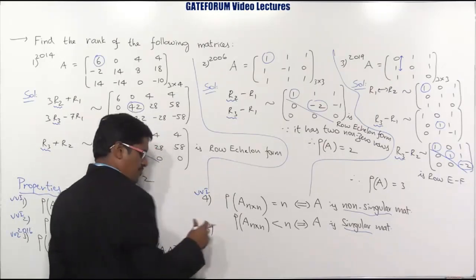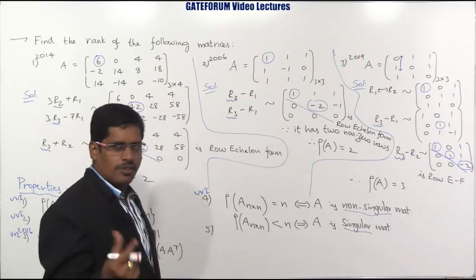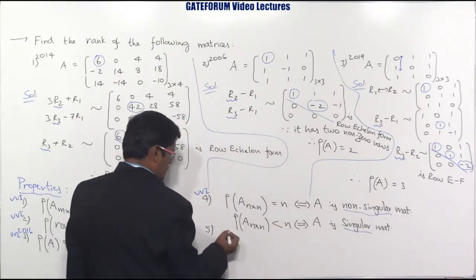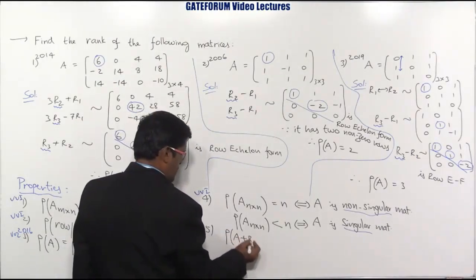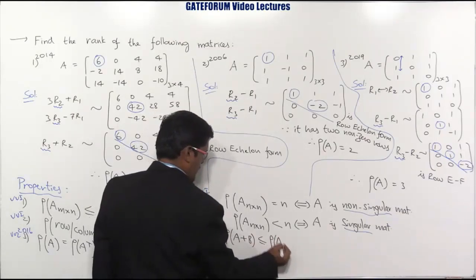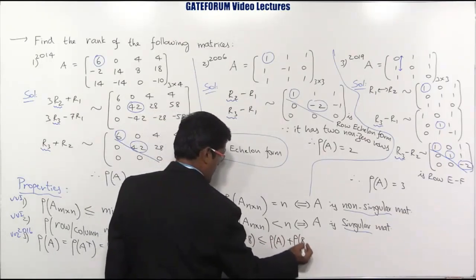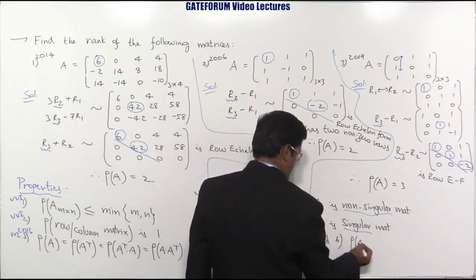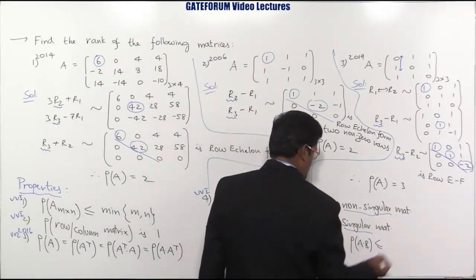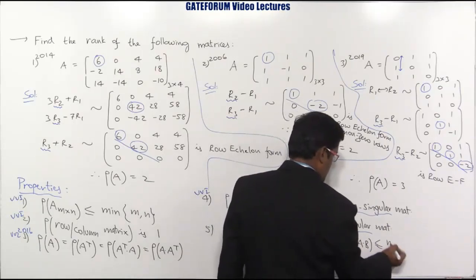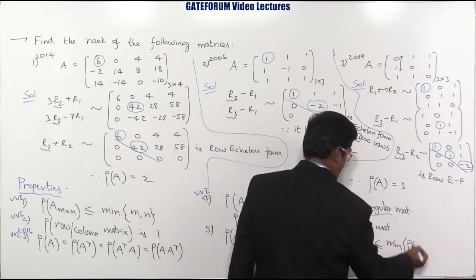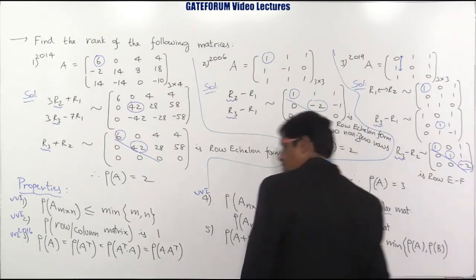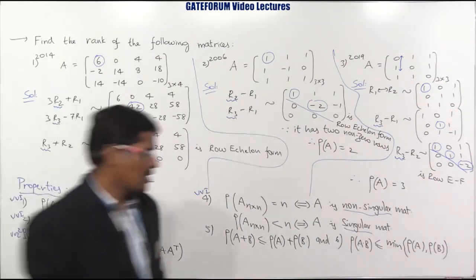Number 5 onwards, 2 more properties you have to remember as formula properties. They can ask the statement directly. Okay, so rank of A plus B is less than or equal to rank A plus rank B. And the last property, the rank of a product of matrices, that is rank of AB, is less than or equal to the minimum of rank A, comma, rank B. So the rank of a product is never greater than either of the ranks.